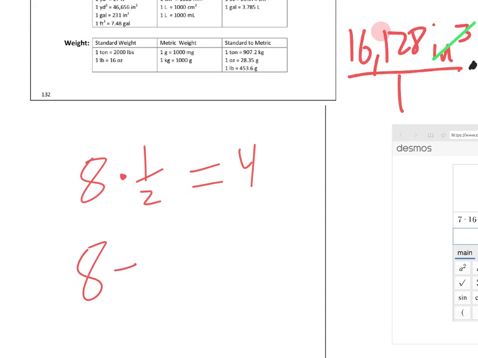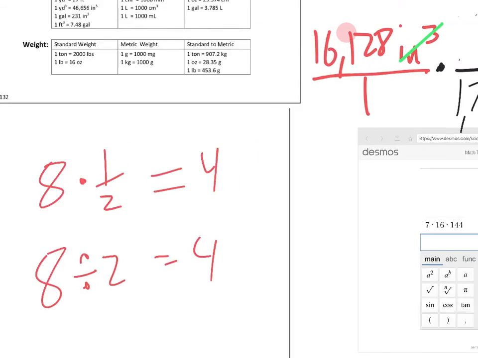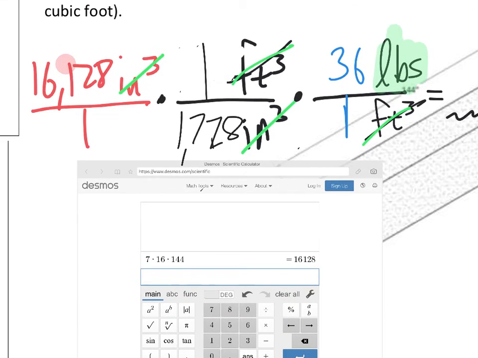That's the same as 8 divided by 2. Okay, so multiplying by a half, 1 over 2, same as dividing by 2. So what we're going to do here is this. Multiplying by 1 over 1,728 is the same as dividing. Okay, and so we're going to take these numbers and divide.